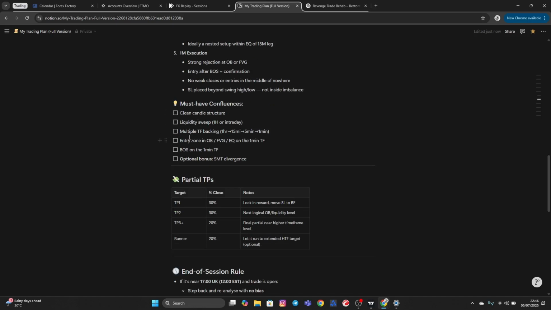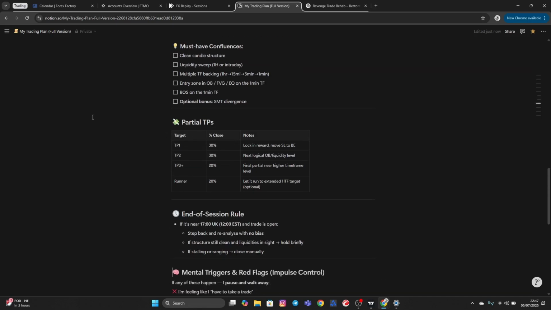This one's important: multi-time frame backing, so the 1-hour to the 15-minute to the 5-minute to the 1-minute, where I'll look for my entry zone in the order block, FVG, equilibrium on the 1-minute time frame, and breaker structure on the 1-minute as well. That itself could be an entry, and optional bonus: SMT divergence.